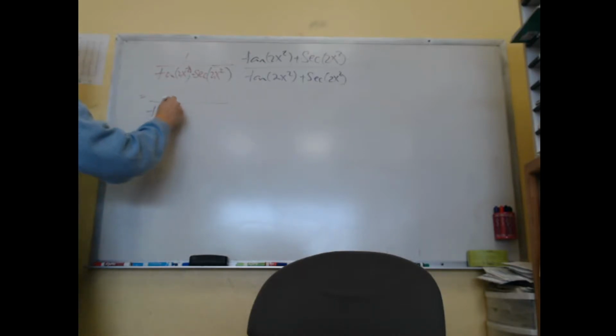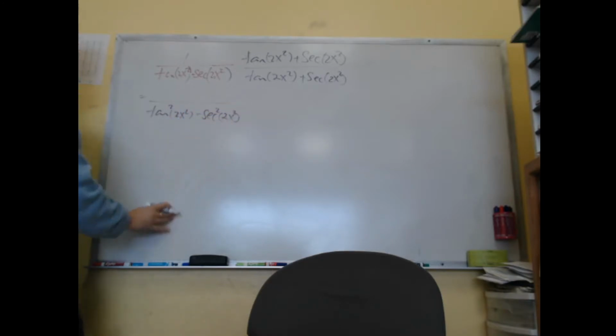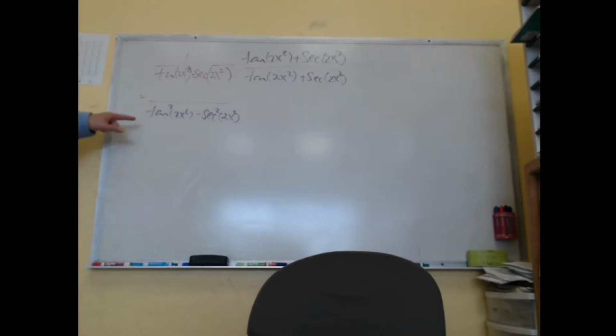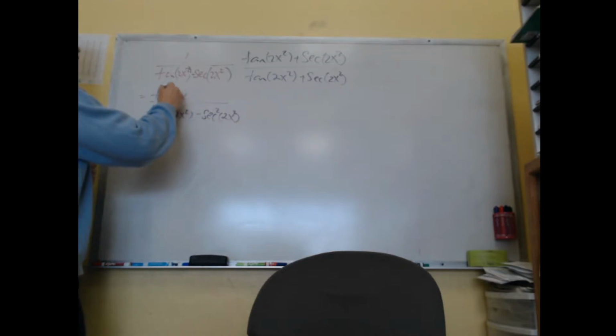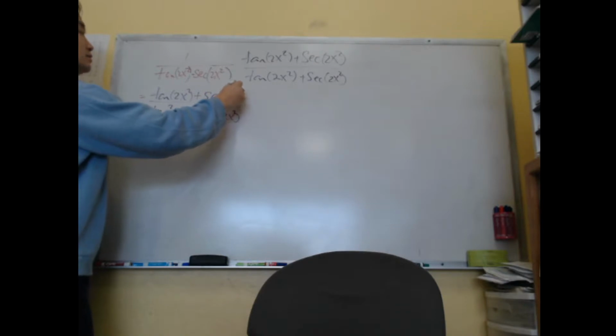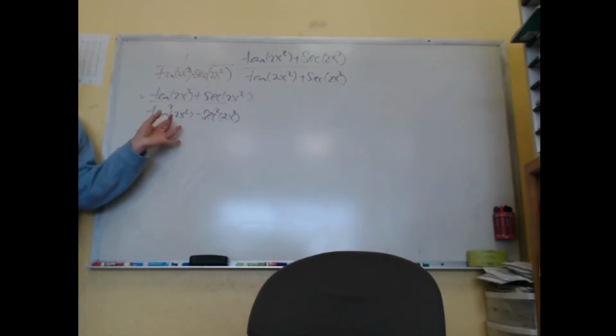So tangent square of 2x squared minus secant square of quantity 2x squared. Is that considered one of those Pythagorean identities? On the top, just leave it. And Katika, what's that Pythagorean identity again? That's tangent square minus secant square.